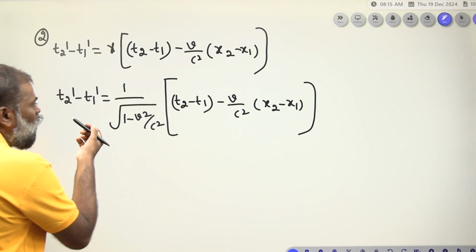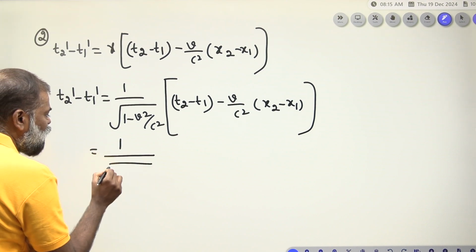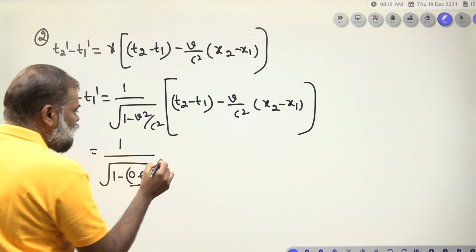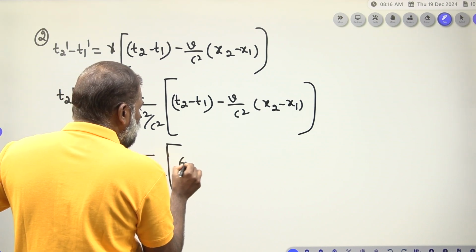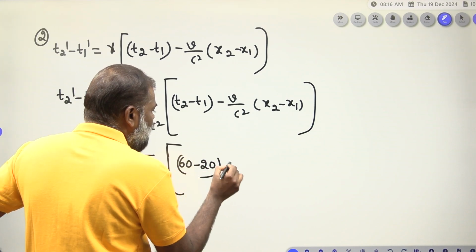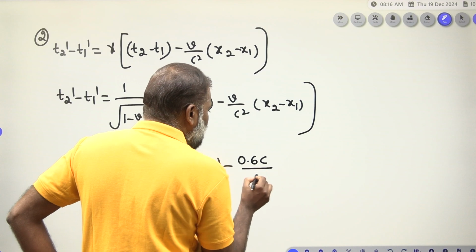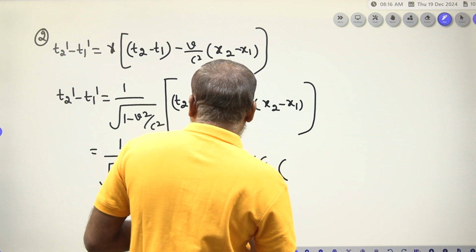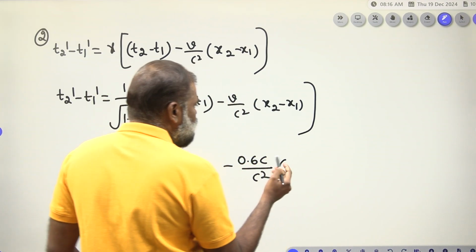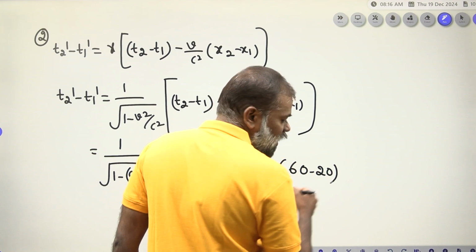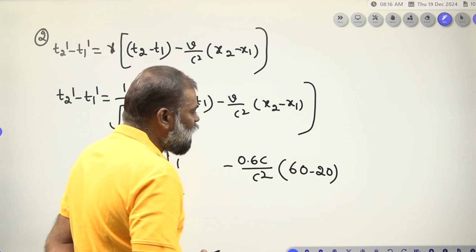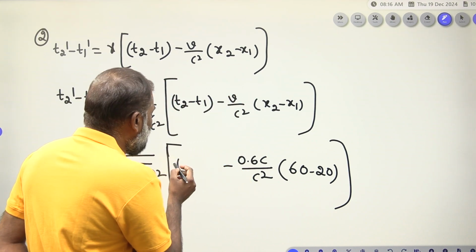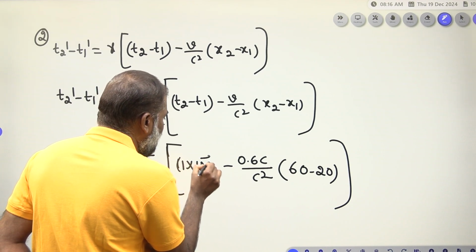So bracket close. Now you substitute the values: 1 by square root of 1 minus 0.6 C whole square divided by C square, into T2 minus T1 is equal to 3 into 1 into 10 to the power of minus 8, minus V by C square, that is 0.6 C divided by C square, into x2 minus x1, which is 60 minus 20.